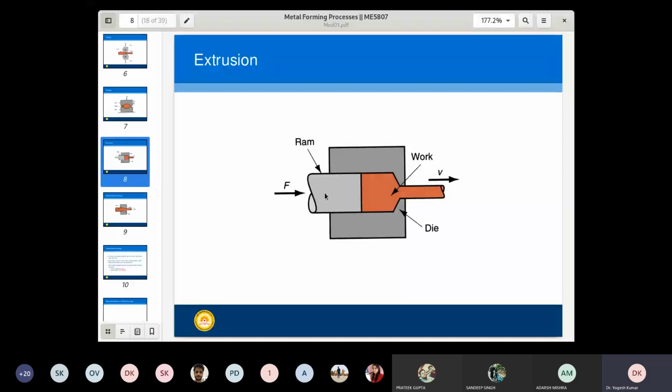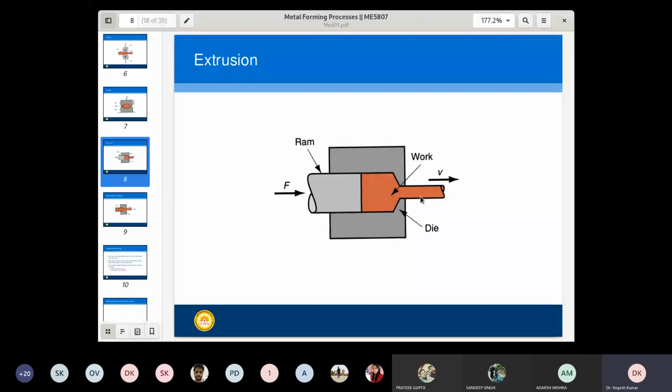Since we are forcing this metal block to pass through a die, the workpiece comes under compressive stresses, and the material comes out of the die opening.